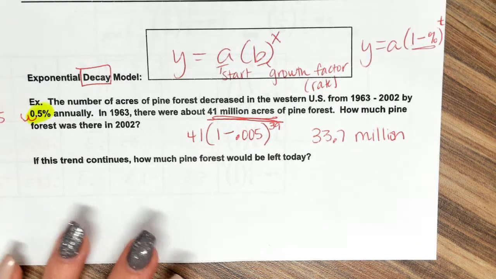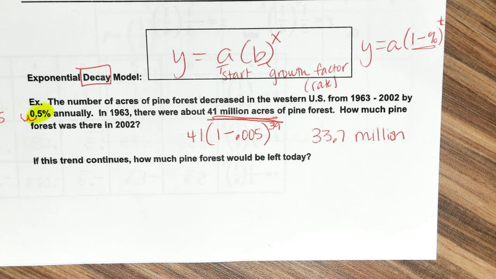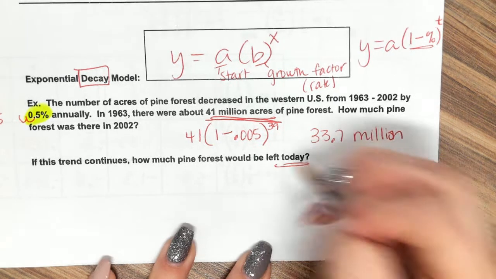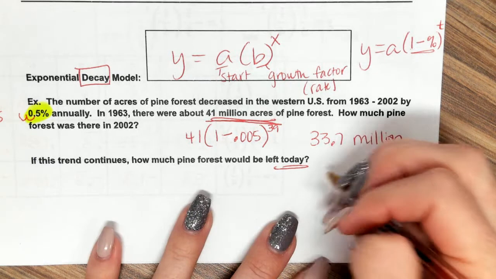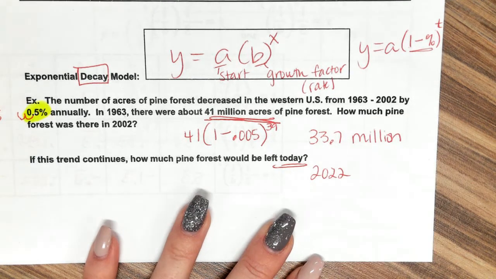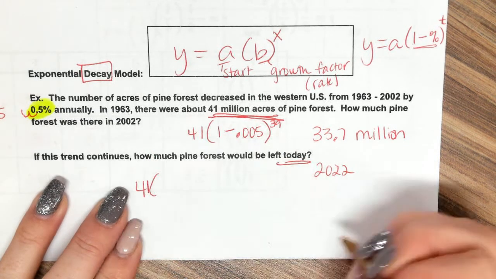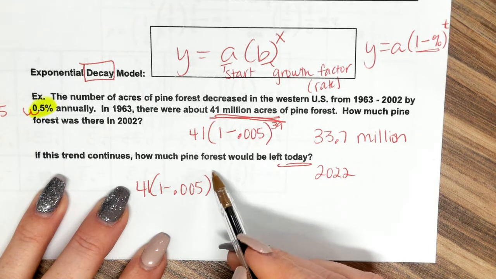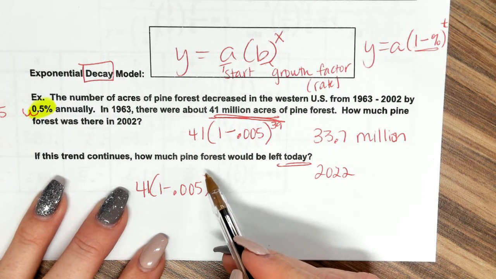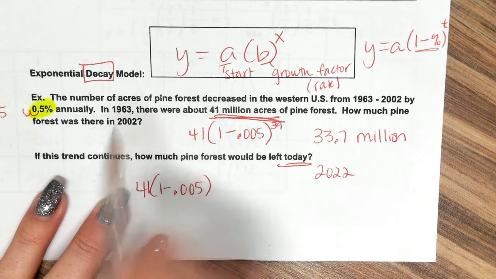Now it says, if this trend continues, meaning if it keeps decaying at the same rate, how much pine forest would be left today? Well, what year is today? 2022. So I'm going to use the same formula. I'm going to do 41, open parentheses, 1 minus 0.005, but this time my exponent's going to be different. I need to do 2022 minus 1963.